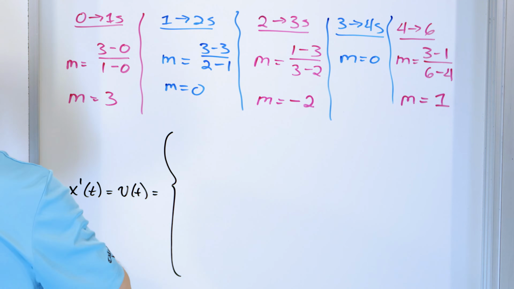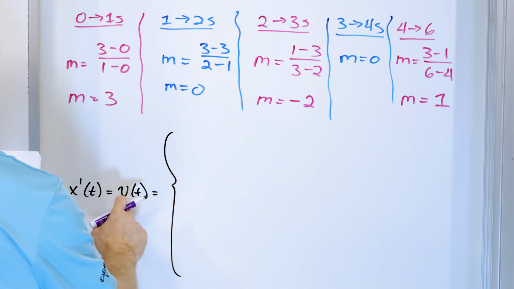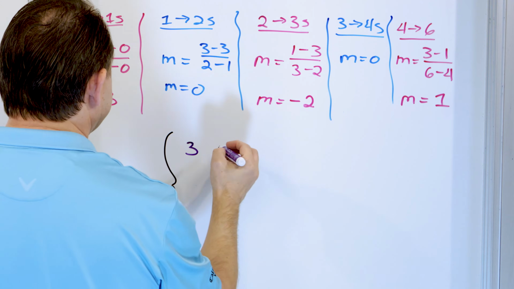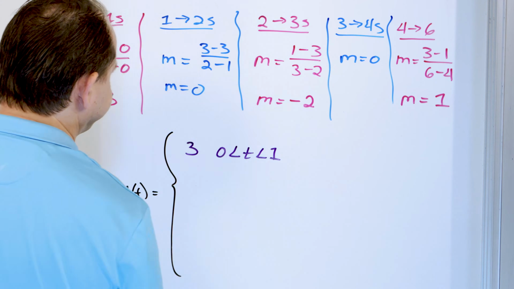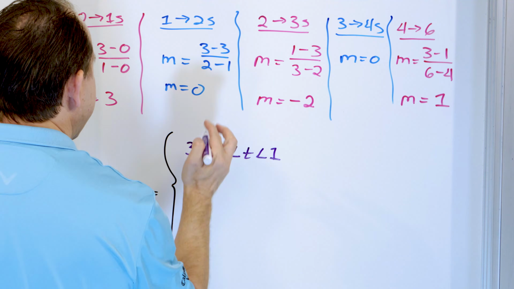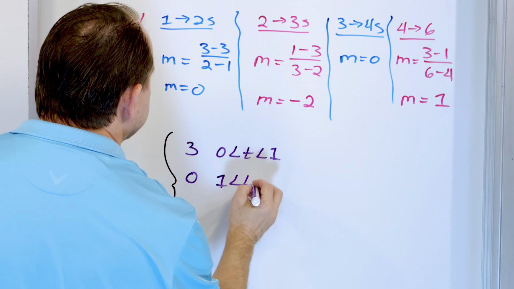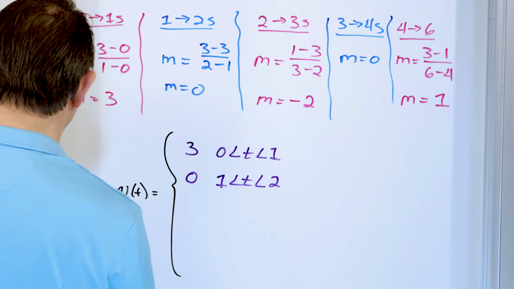For the first bit, the velocity is equal to 3 meters per second, but only in the range of 0 to 1 second, so 0 less than t less than 1. Then we would have 0, in the window of 1 to 2 seconds, so t bigger than 1 second, t less than 2 seconds.